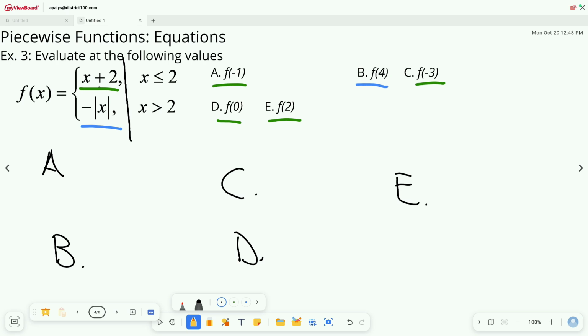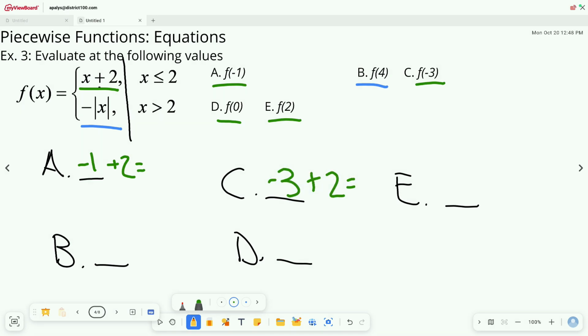So for my green, I'm putting a -1 in for the x. So -1 plus 2. For C, I'm putting in a -3 plus 2. For E, I'm putting in 2 plus 2. D, 0 plus 2.